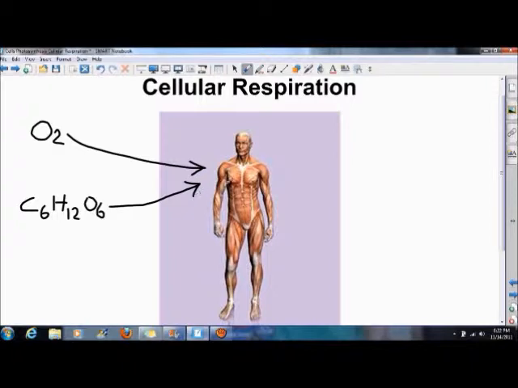So we take both of those in. And we put out carbon dioxide, CO2. We also get energy out of this, the ability to do stuff. And our cells also make, as a byproduct, water, H2O.